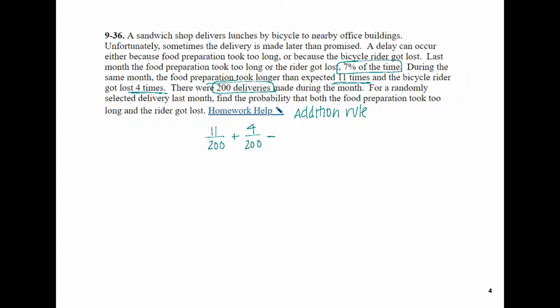Then we can subtract from that the probability of too long and lost, which results in a probability of 0.5% that the food took too long and the rider got lost.